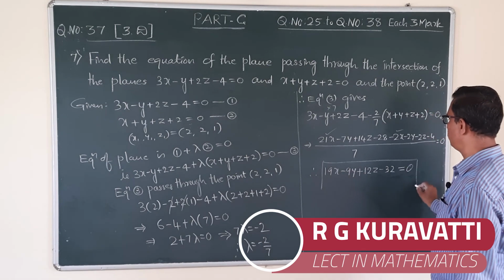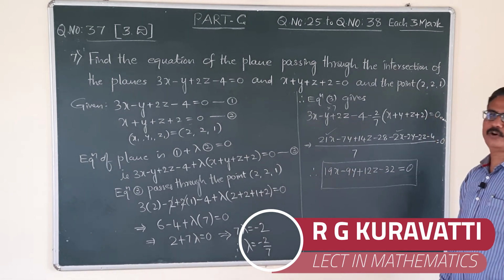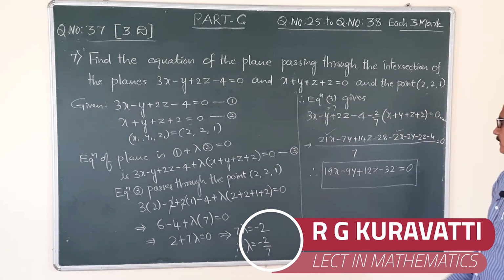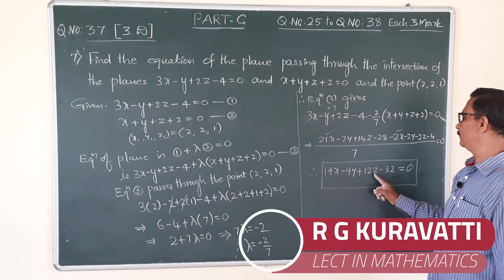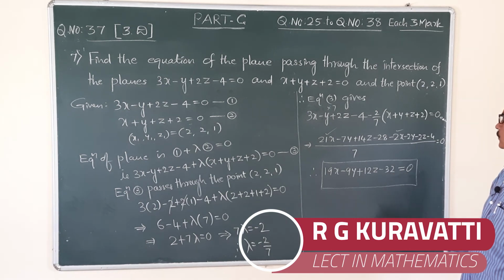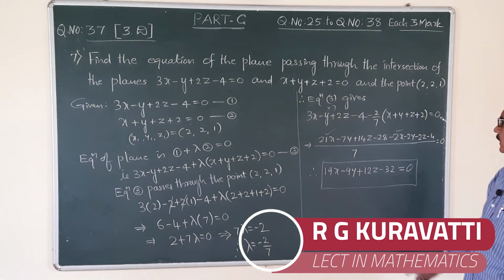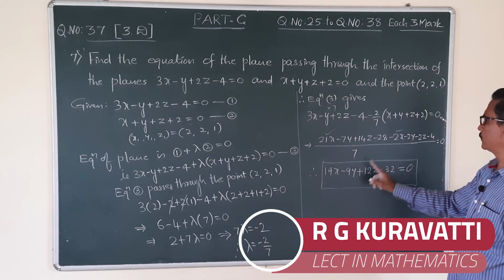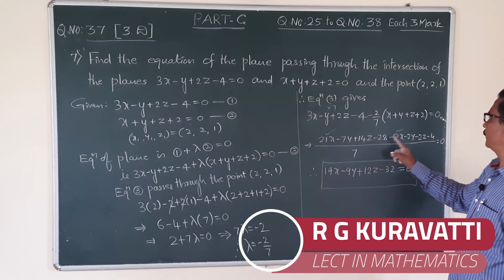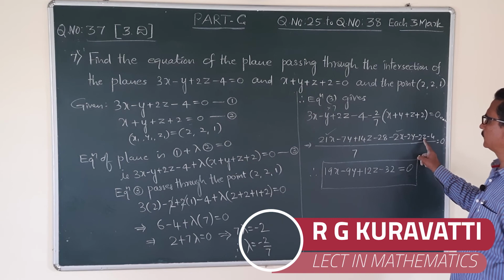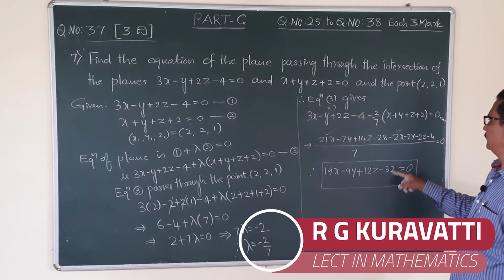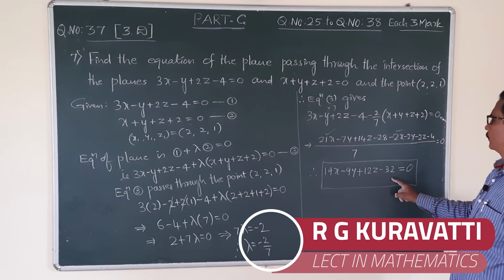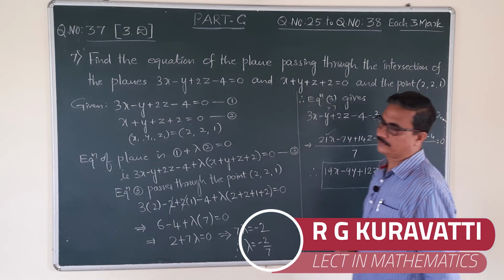So this represents the equation of the plane passing through the intersection of two planes: 19x minus 9y plus 12z minus 32 is equal to 0. Correct?